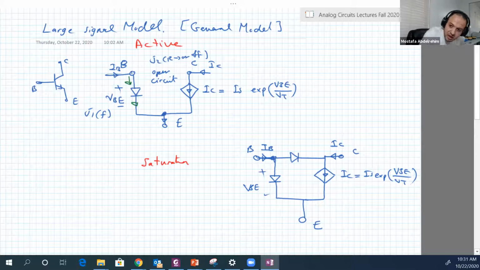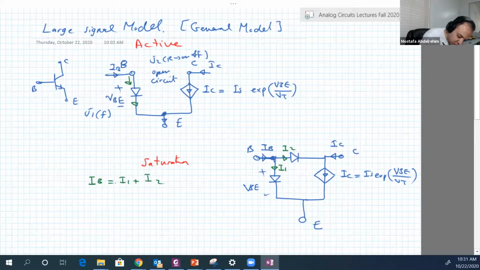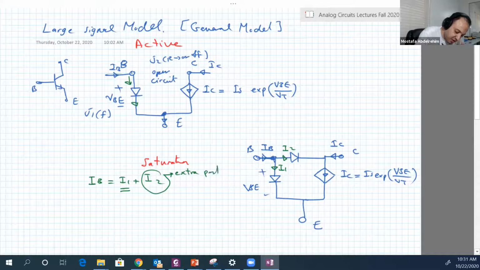But now IB will be equal to that one plus that one. So here is I1, for example, and here is I2. So IB equals I1 plus I2. Originally it was only I1, so this is the extra portion added.